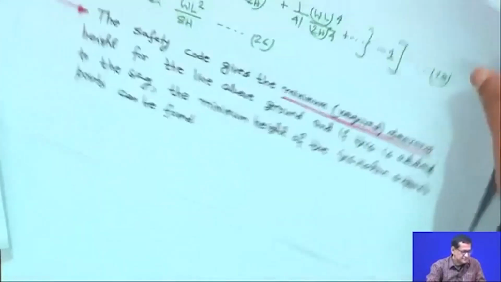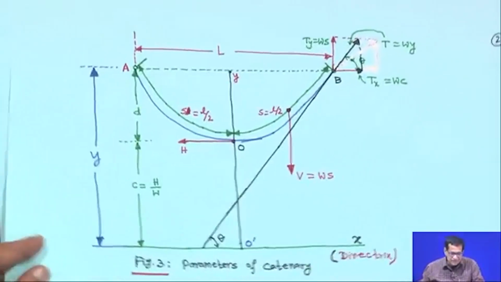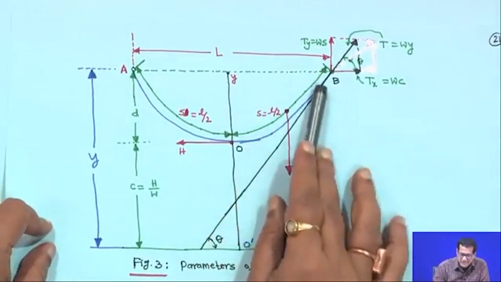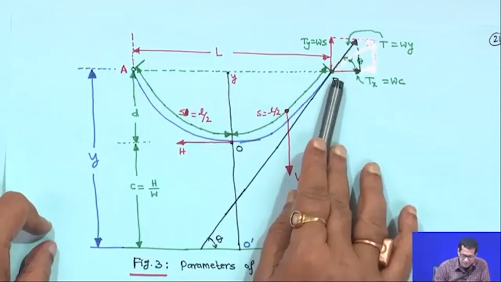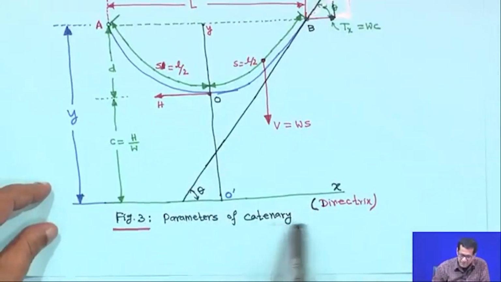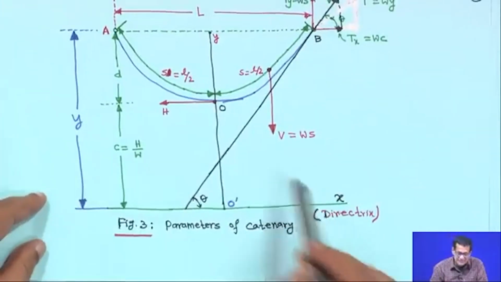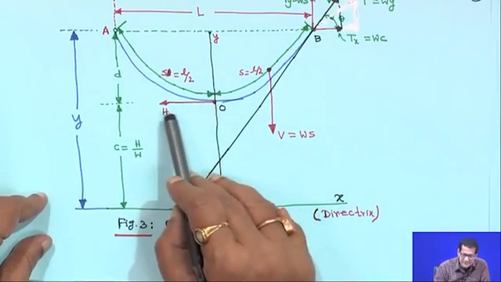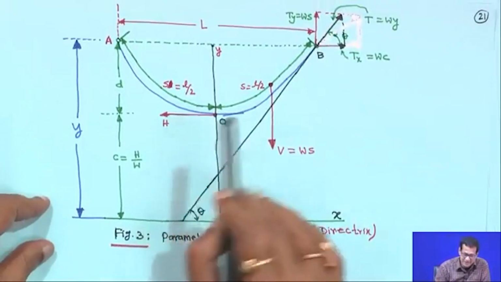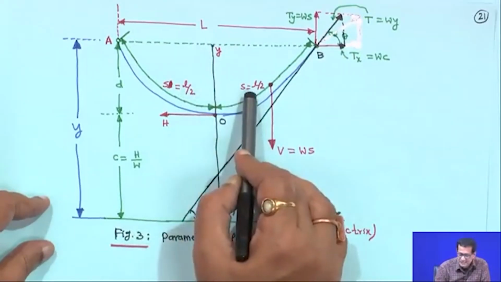Next what we will do, suppose this is the same thing, A and B at the same support. These are the parameters of the catenary, this is the directrix, this is x, and this is the lowest point O, this is the horizontal tension H, and this side is L by 2, this side is L by 2.